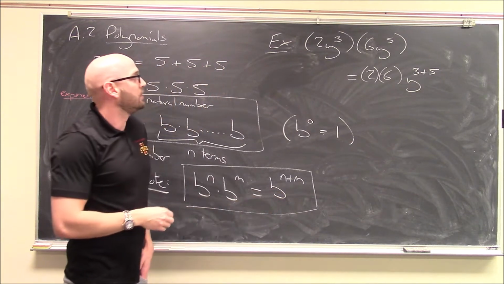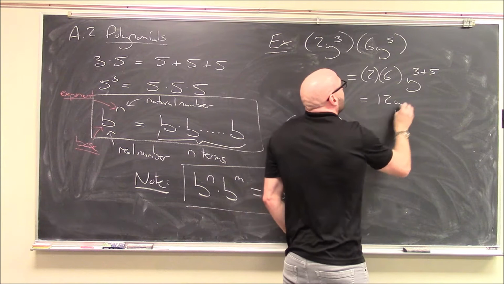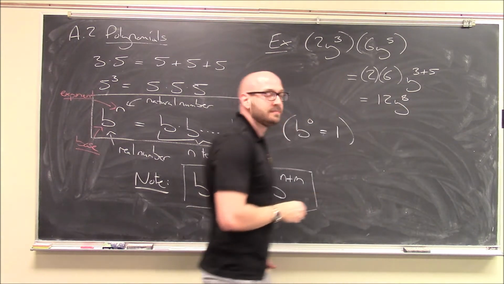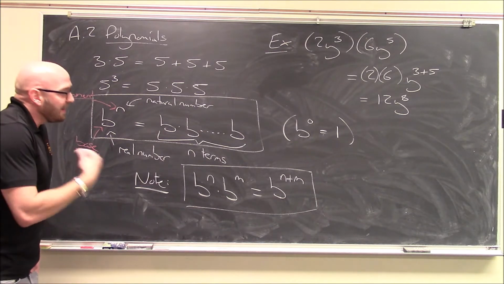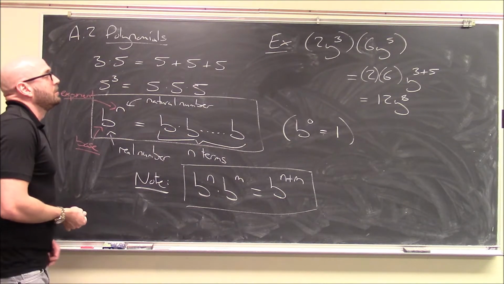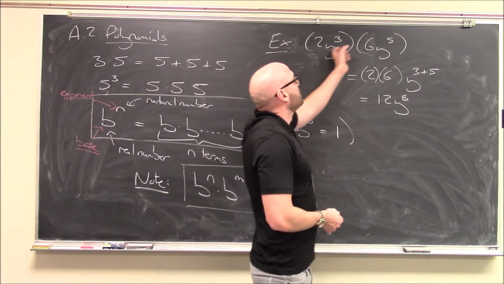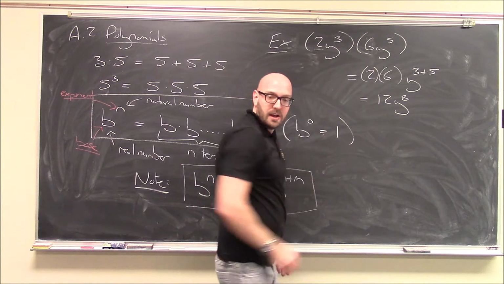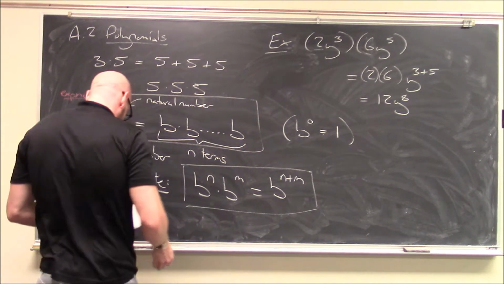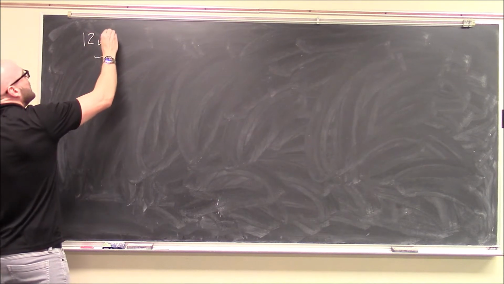We add the exponents together. So this simplifies down to just 12y to the 8th. That's not particularly hard, but it is an important skill because we're going to work with expressions like this all the time, and you have to be comfortable with adding exponents together, multiplying these so-called coefficients together, and so on.